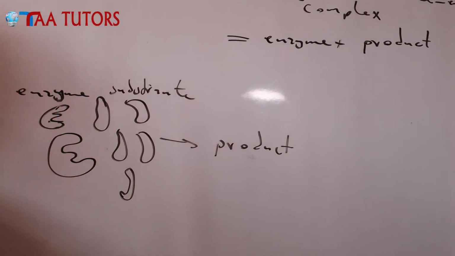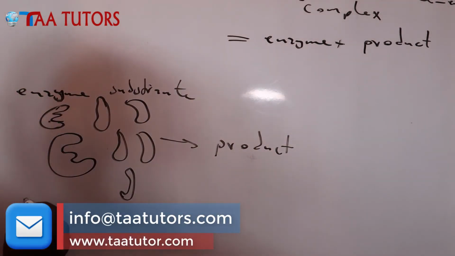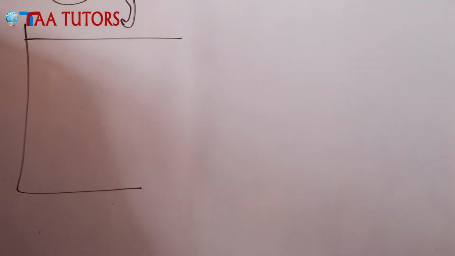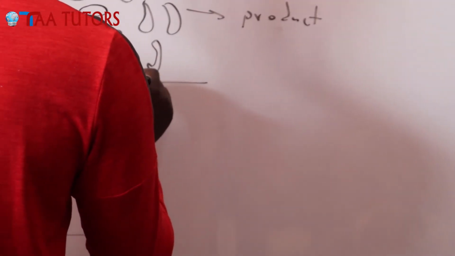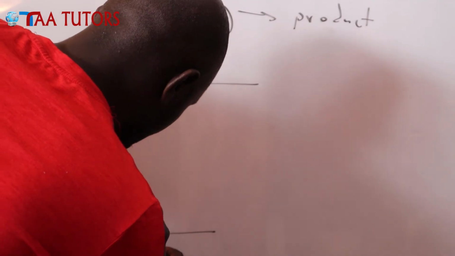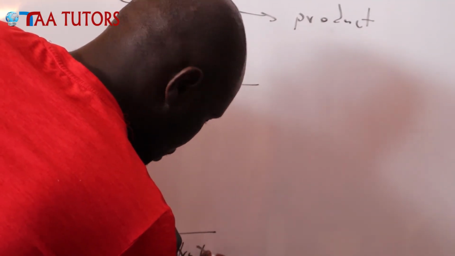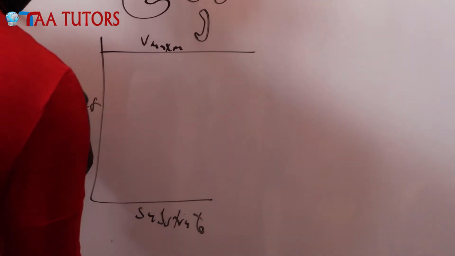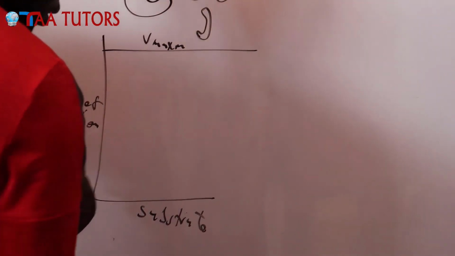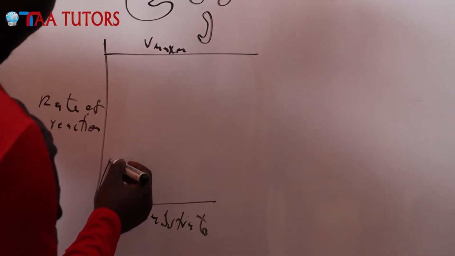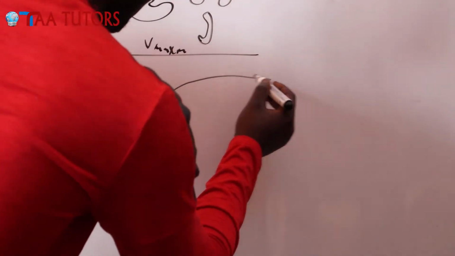So if this is how my reaction will be happening, I will be having the maximum reaction. If I have to illustrate this on a graph, I can be having V maximum, with substrate on this axis and rate of reaction on the other. The graph will be looking like this.